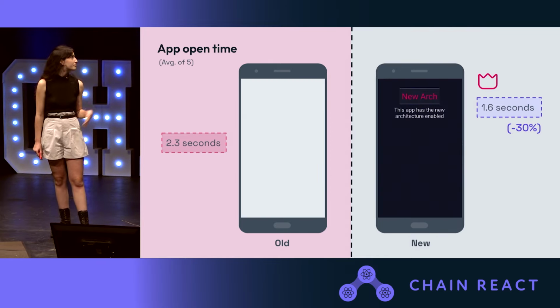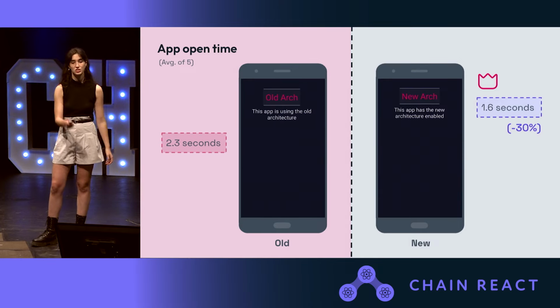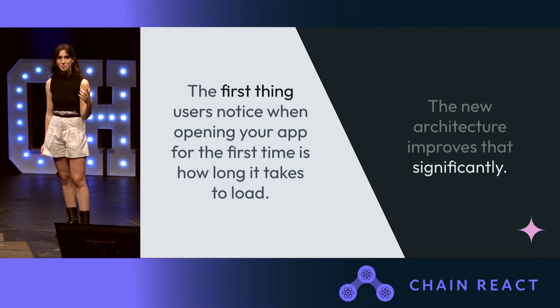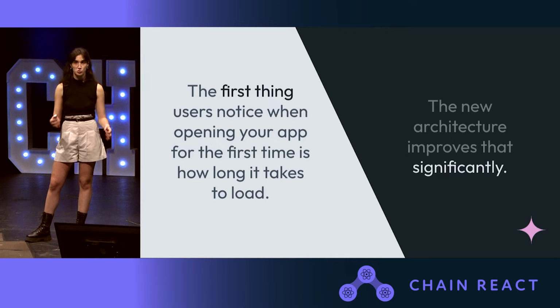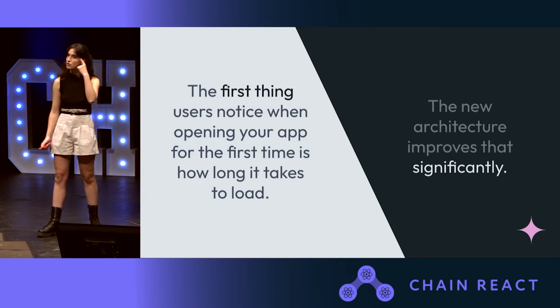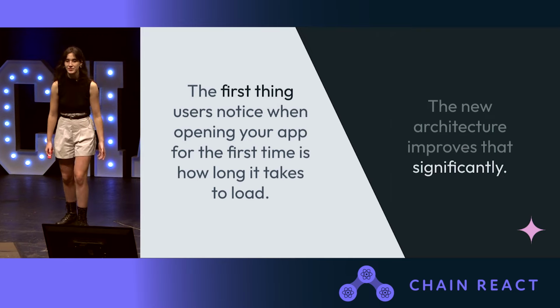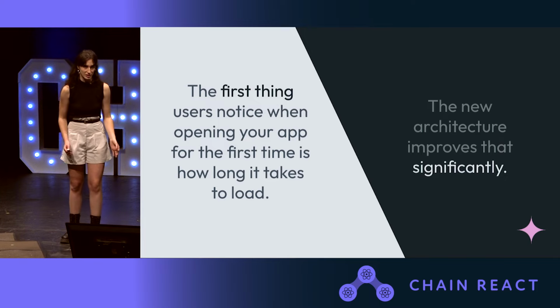So I think the new architecture is the winner for this challenge. And keep in mind that the app open time is the first thing that your users will notice when opening your application for the first time. That's what's going to be kept in the back of their minds. So the new architecture improves that significantly.